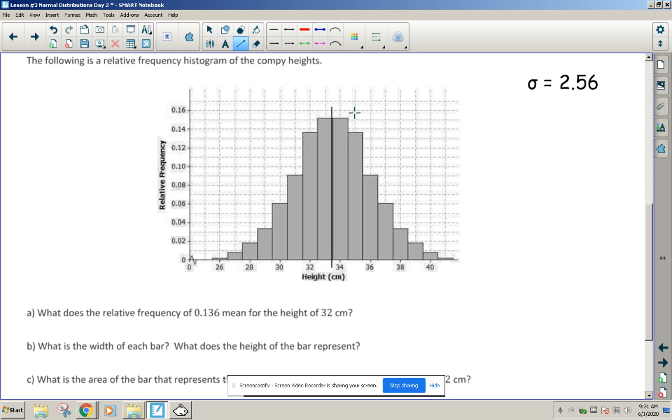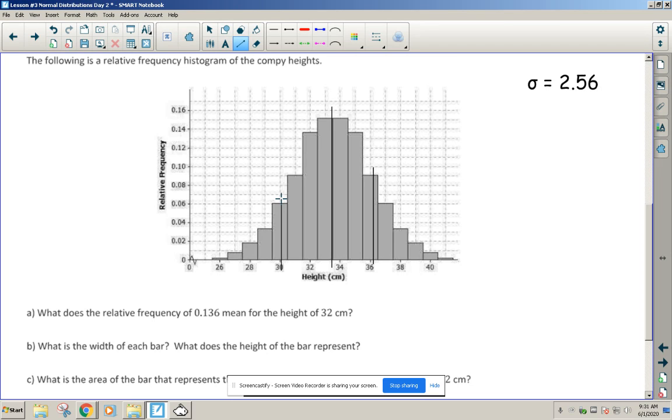And if I added 33.5 plus 2.56 as standard deviation, I would find that my mean plus one standard deviation, or a z-score of 1, would be over here at 36.06. That would be about here, maybe over just a touch. And if I subtracted a standard deviation, so I have a z-score of -1, I would be at 30.94, which would be somewhere around here.